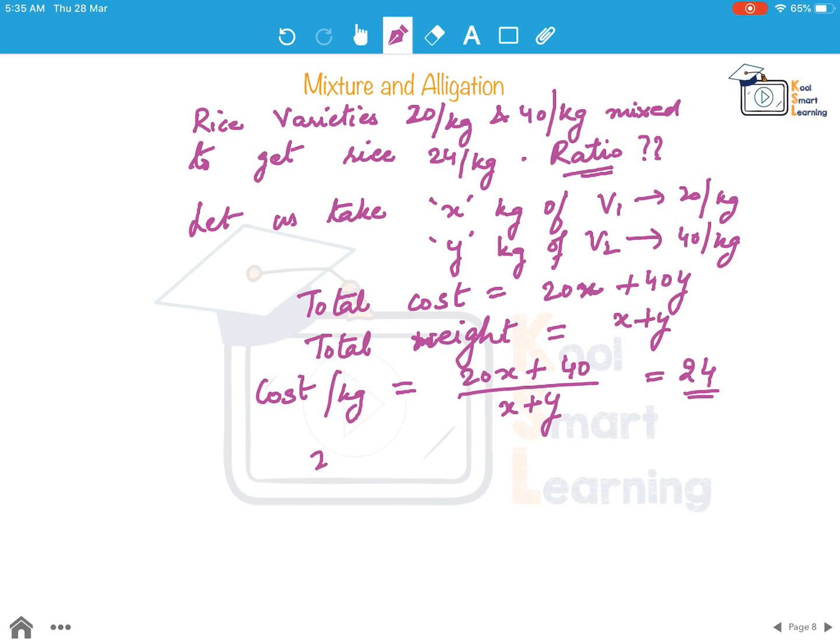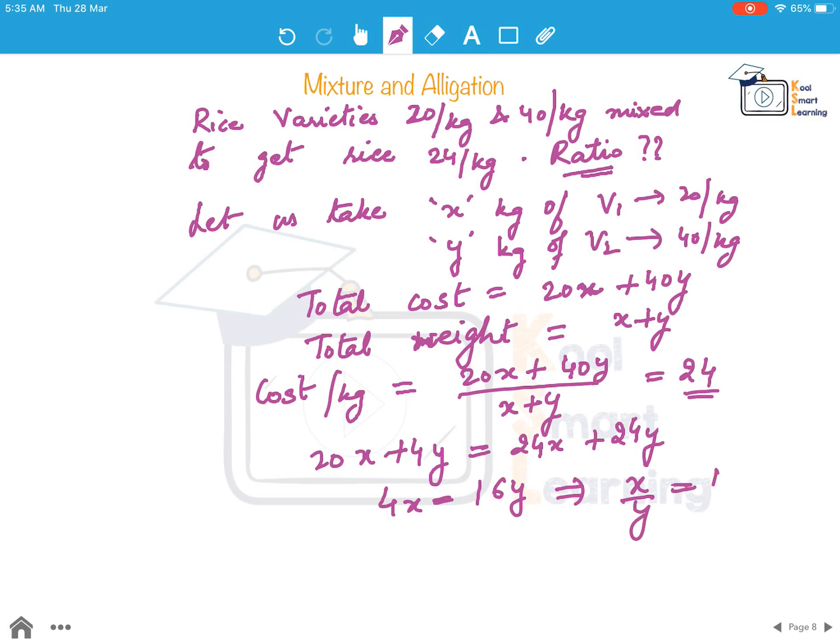So we can cross multiply. We get 20X plus 40Y is equal to 24X plus 24Y, or we get 4X is equal to 16Y. This implies X by Y is equal to 16 by 4, which is 4:1, right?